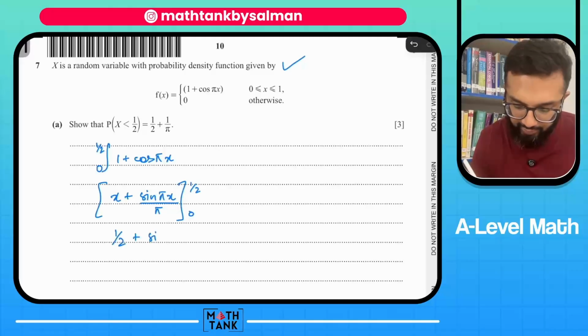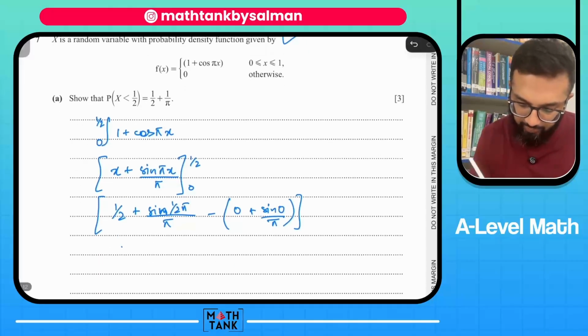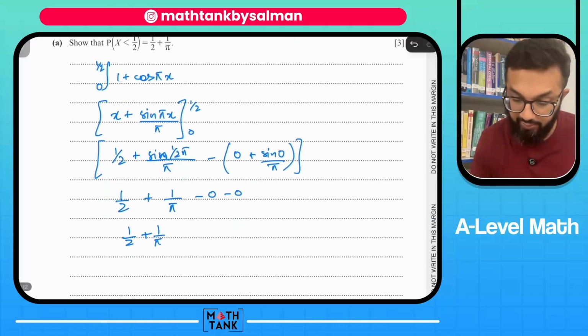Half plus sine half pi over pi, minus 0 plus sine of 0 over pi. So that gives me 1 over 2, that gives me 1 over pi, and then 0. So 1 over 2 plus 1 over pi. Simple proof. Easy 3 marks.